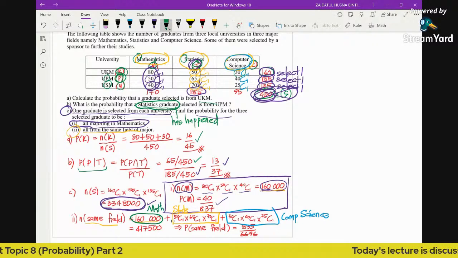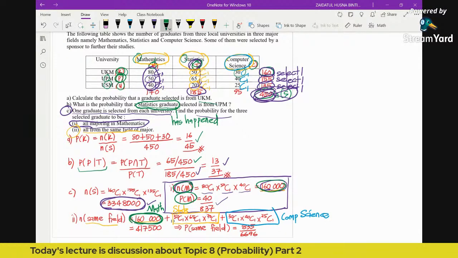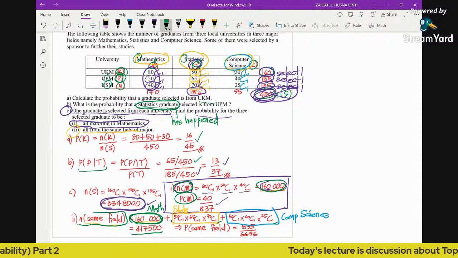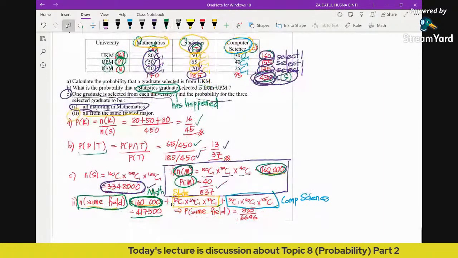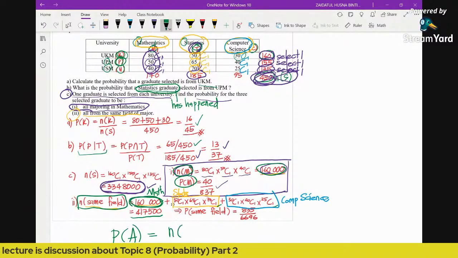Because we have obtained the earlier probabilities, we just bring it down: 160,000 number of ways. So we add this with this and this, and you will get this to be the answer, but this is the number of ways. In order to find the probability, again by recalling the concept of probability, the probability of A is basically the number of outcomes in event A divided by the total number of outcomes, right?